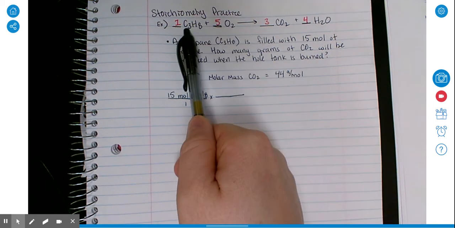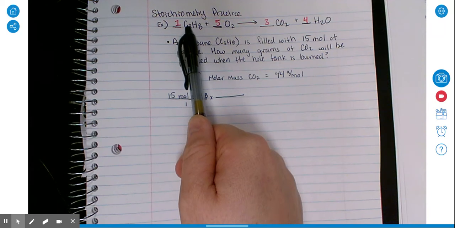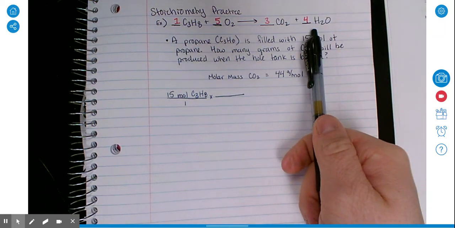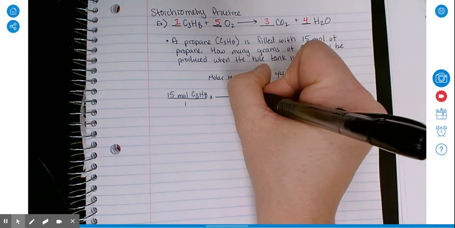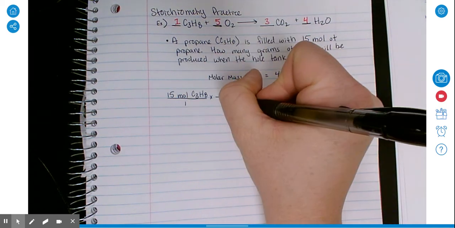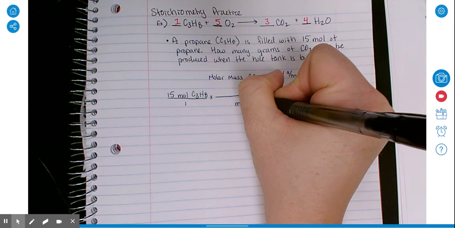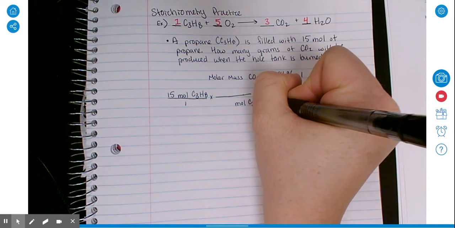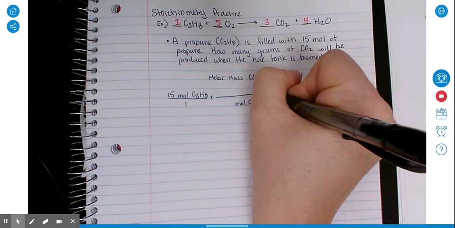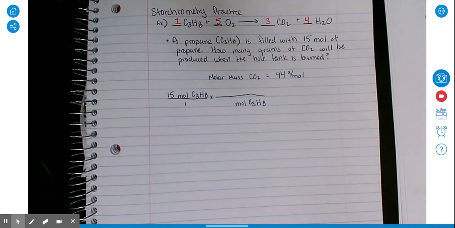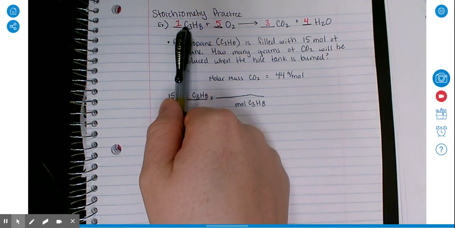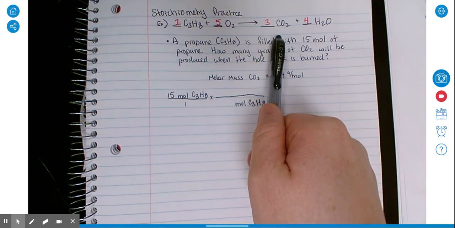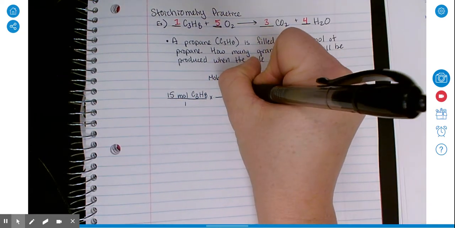To change from one substance to another is where we're going to use our new skill, the mole ratios. I'm in moles of C3H8, so that's going to cancel out. From moles of one substance, I can go to moles of any substance using a mole ratio. So from C3H8, I can go to moles of CO2.